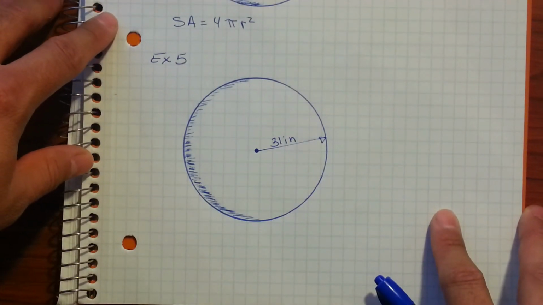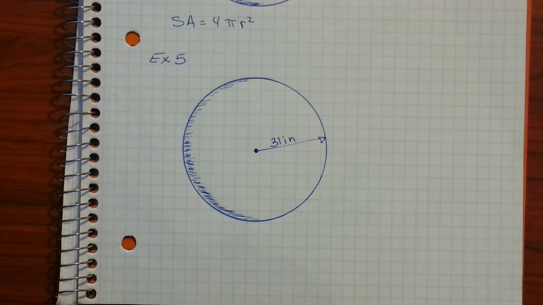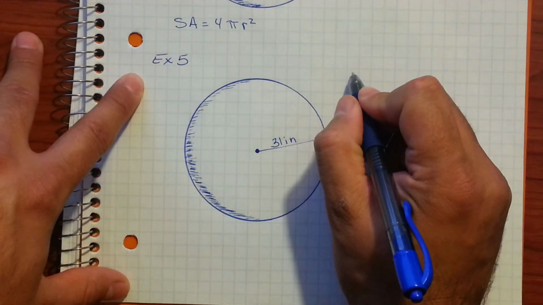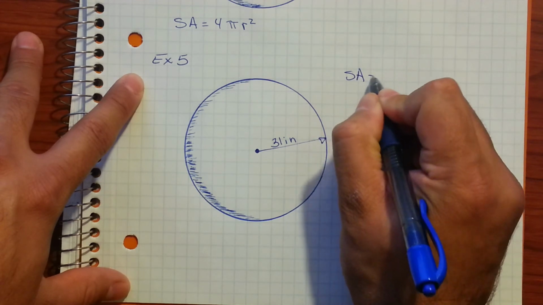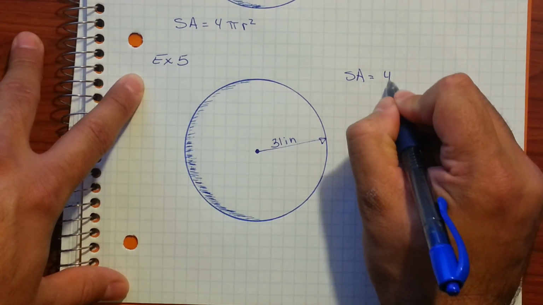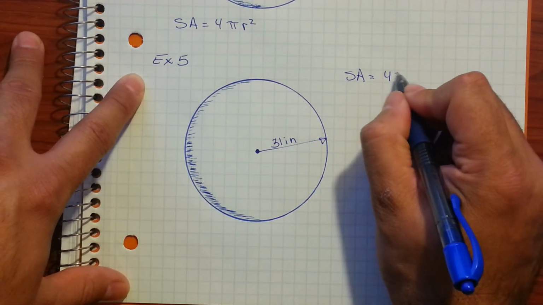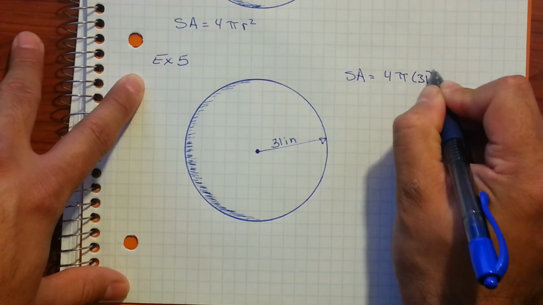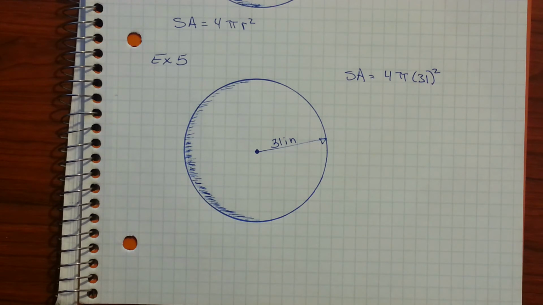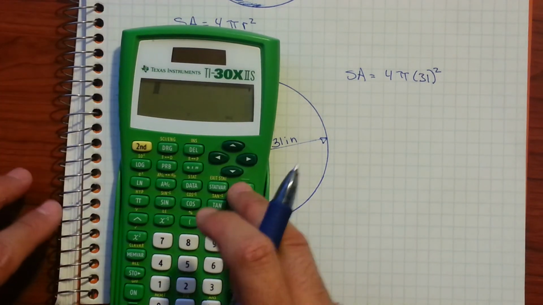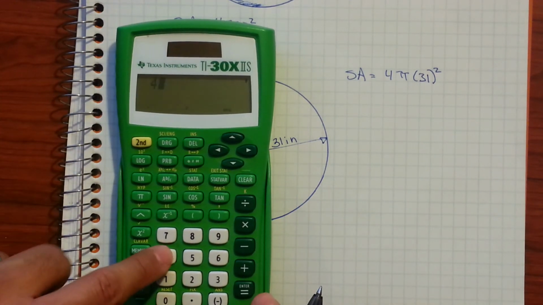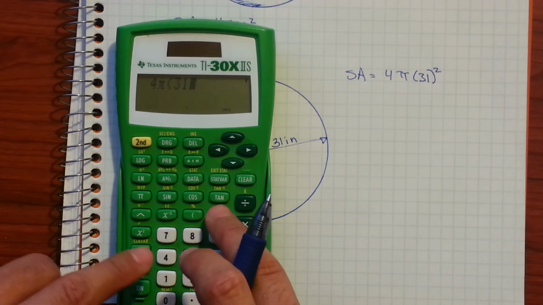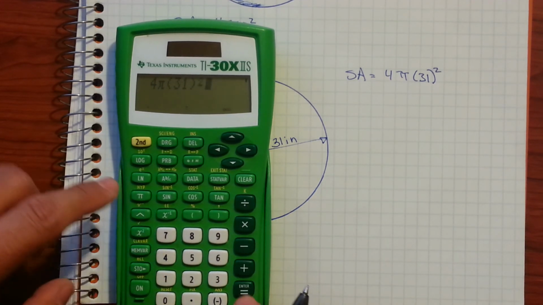I'm going to use that formula for this example that I have right here. So for example 5, I'm going to have my surface area SA is equal to 4 pi. My radius is going to be 31 squared. Four pi 31 close squared.